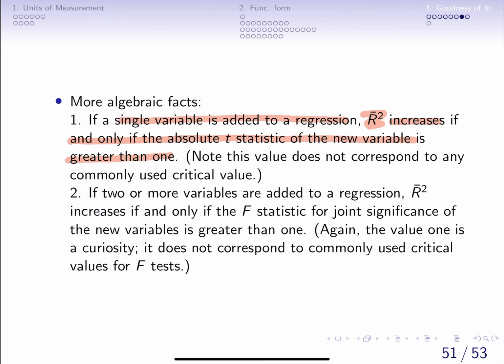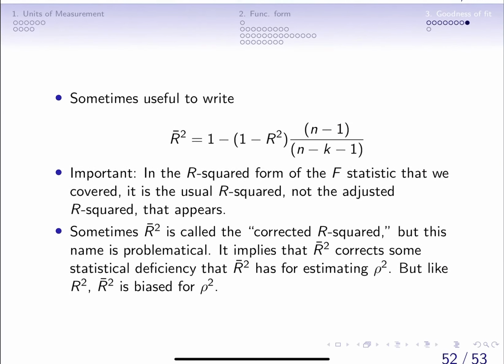If two or more variables are added to a regression, adjusted r-squared increases if and only if the f statistic for joint significance of the new variables is greater than 1. The value of 1 is a curiosity, and it doesn't correspond to any commonly used statistical values for f-tests. Remember that.